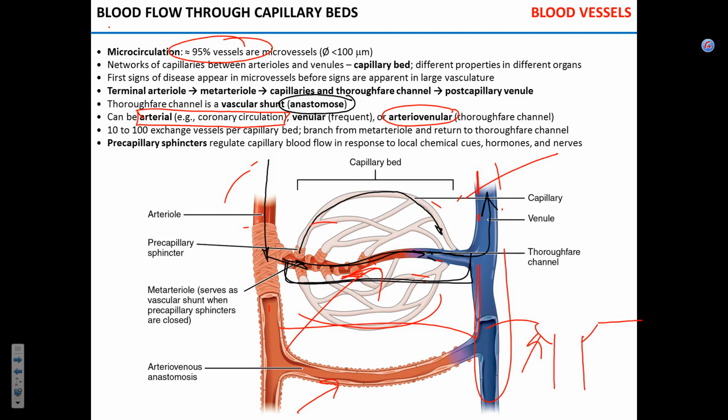You can see that capillaries anastomose as well. And the blood flow through capillaries is regulated by the precapillary sphincters. The circular smooth muscle structures close and open in response to nutrient and oxygen needs of the tissue that these capillaries perfuse.